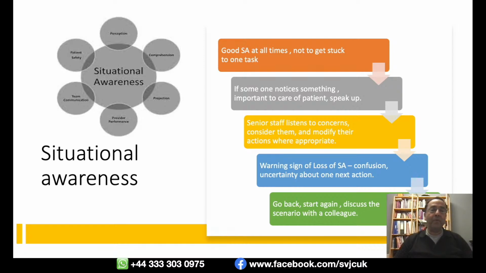Just an example is ABCDE. If you are practicing ABCDE and you get lost at one particular point, just go back to ABCDE. That way you ensure that you are delivering good care to the patient.